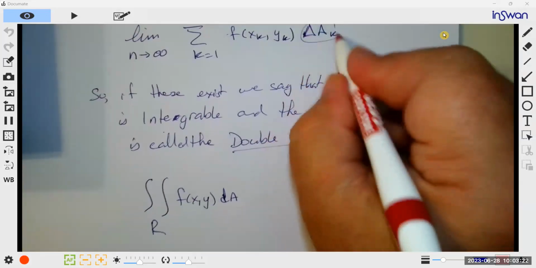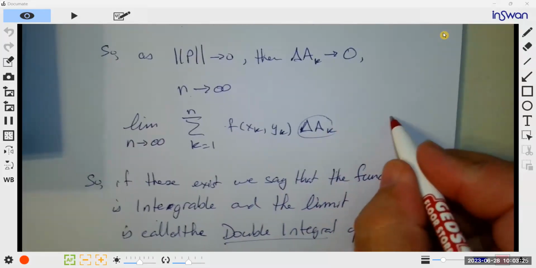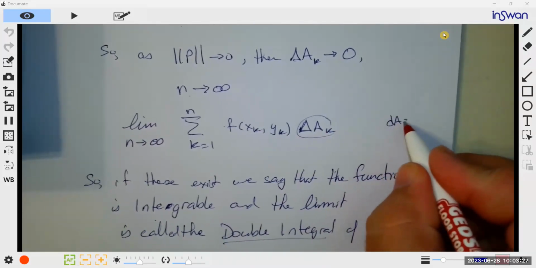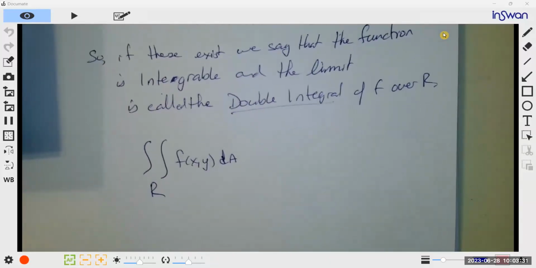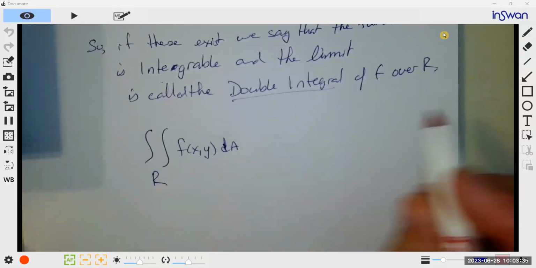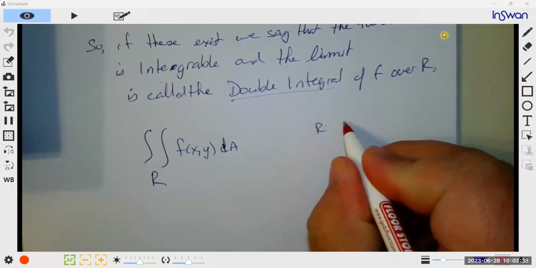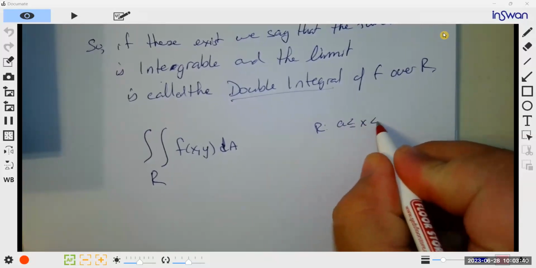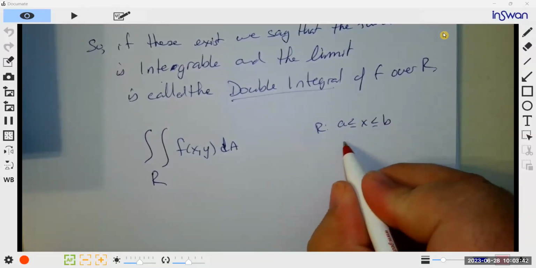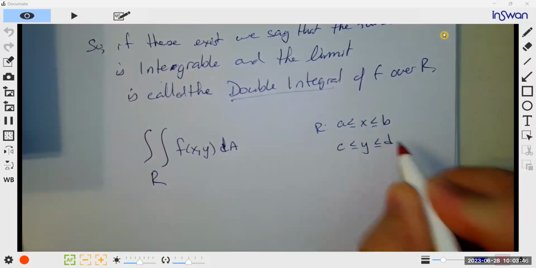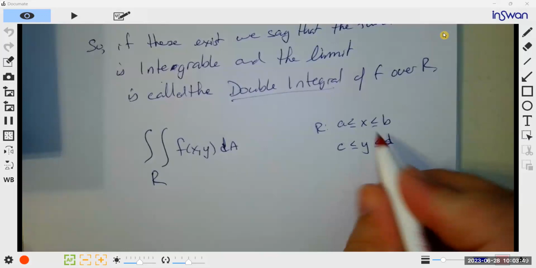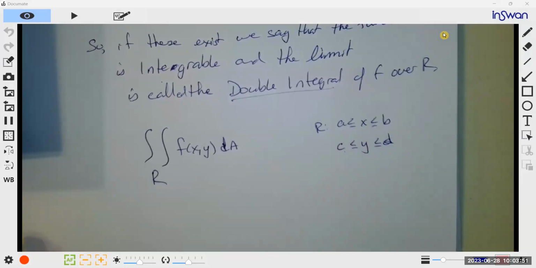Remember, the area was delta A. Remember, the region was limited by our values for x and y, which are bounded by x is bounded by a and b, y is bounded by c and d.